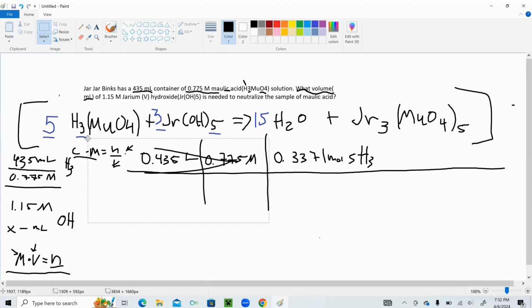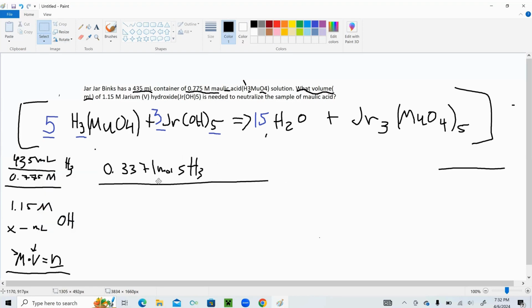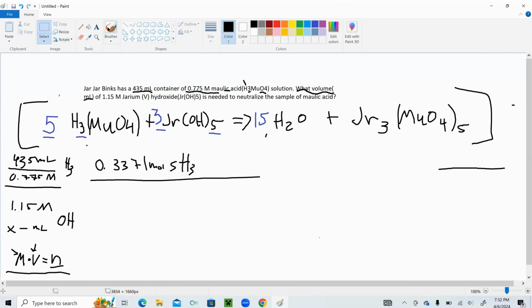Let me get rid of this. So now we have 0.3371 moles of the acid.